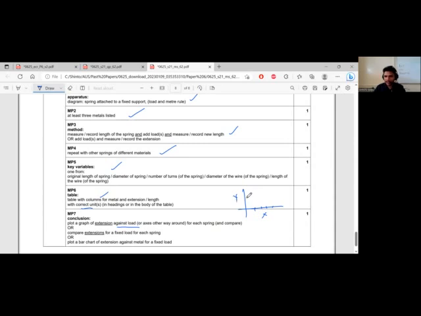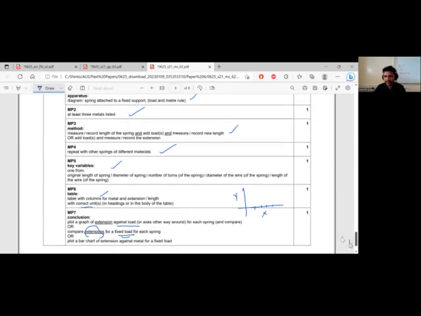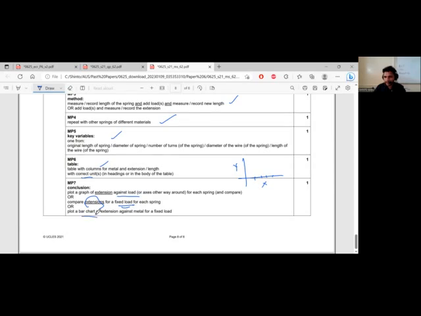If you do not plot a graph, you have to compare it somehow. Another method is to compare, let's say, the extension for the same load. So you are trying with the same load and you are getting different extensions and you are recording these, or you can simply plot a bar chart. Any of these methods that involves the analysis of data, which goes hand in hand with the objective of this particular experiment, will get you this 1 mark.